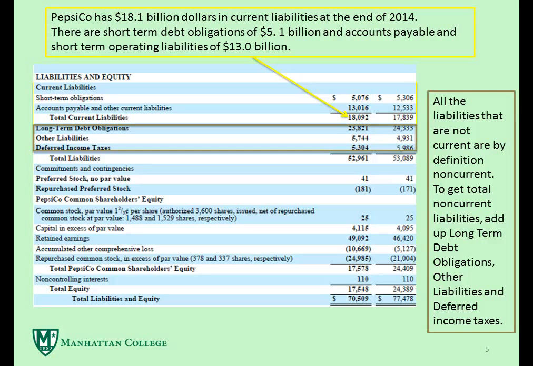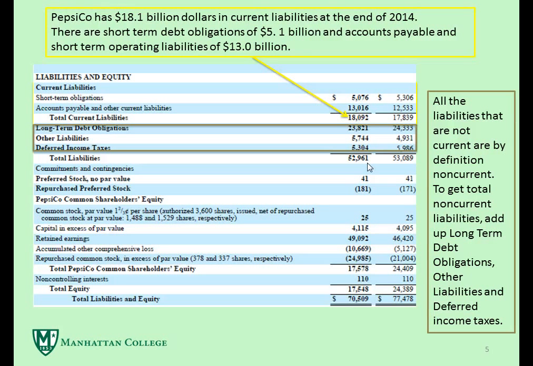PepsiCo doesn't give you a subtotal for non-current liabilities, but you can add together the long-term debt obligations, that's the biggest one of about $24 billion, other liabilities, and this weird thing called deferred income taxes, which we could talk about later in the course, although it's a bit beyond the scope of an accounting introductory course. So you will see that we can use the subtotals, current liabilities and total liabilities, in calculating some ratios next.